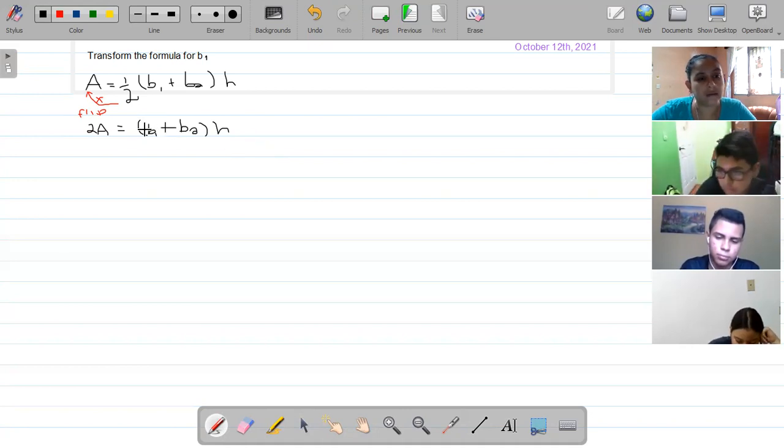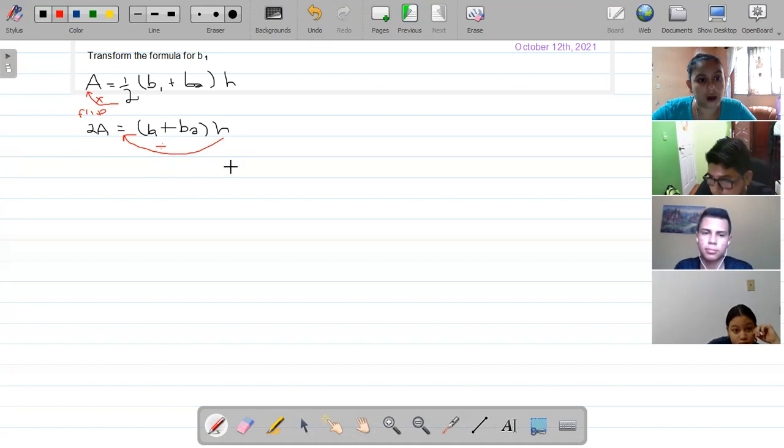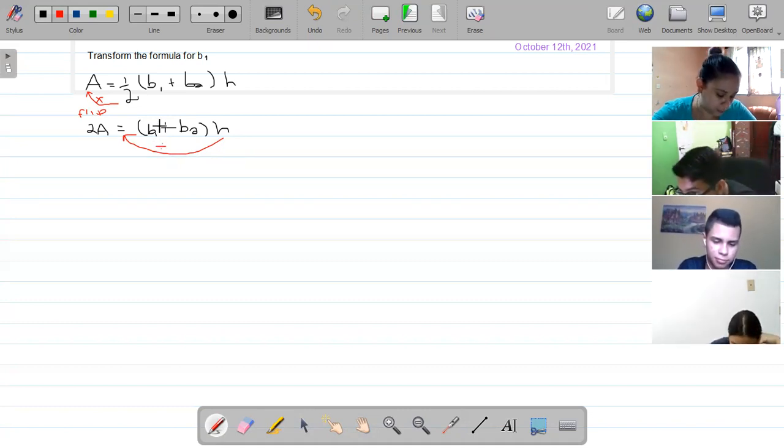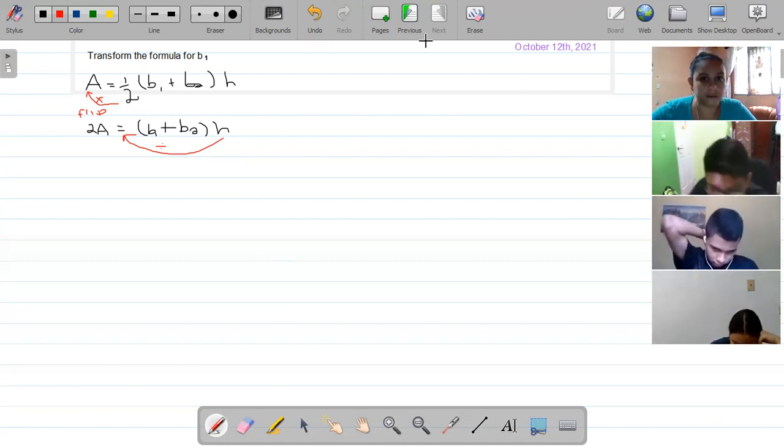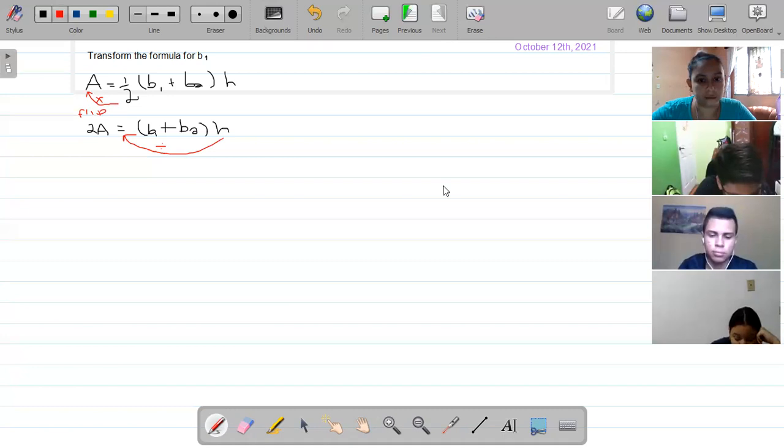So now I need to leave the parentheses with the B's completely alone. That means that this h, this multiplying, will go to the other side. And this one goes dividing.